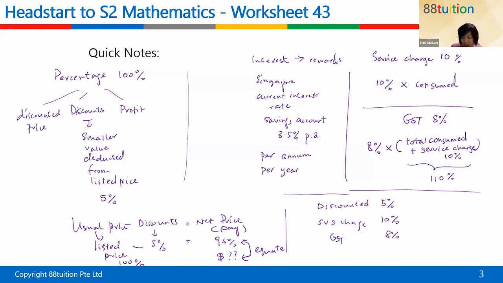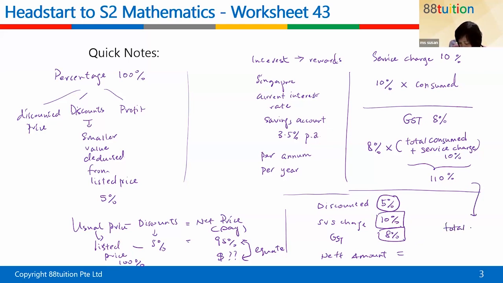So when you want to find the net amount, a lot of students will ask me, I have a 5% discount, then I have the 10%, and I've got 8%. Can I do this?